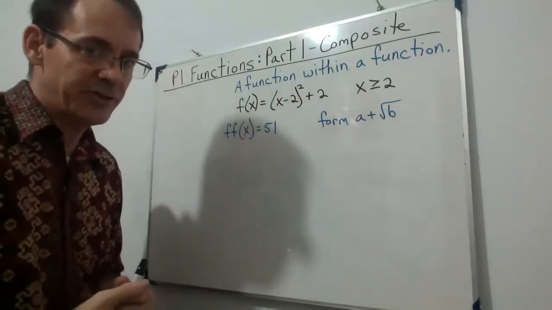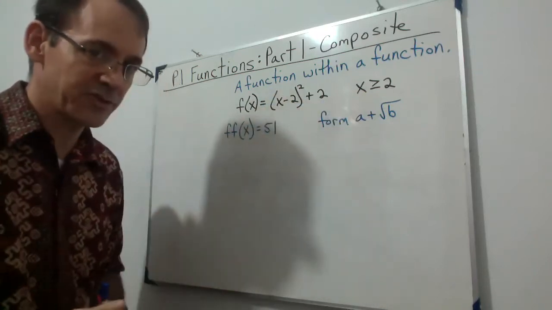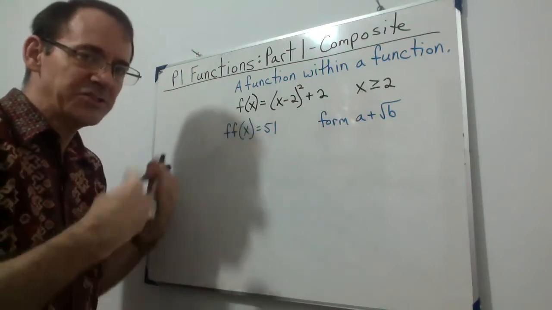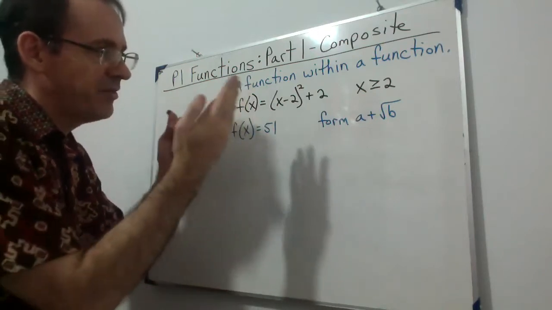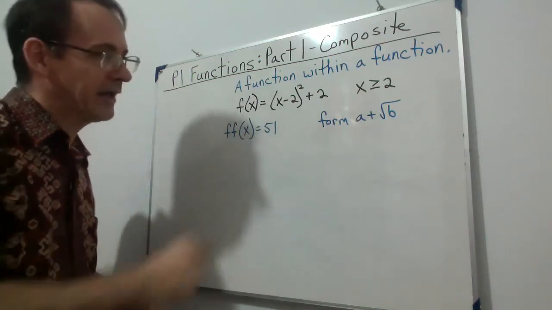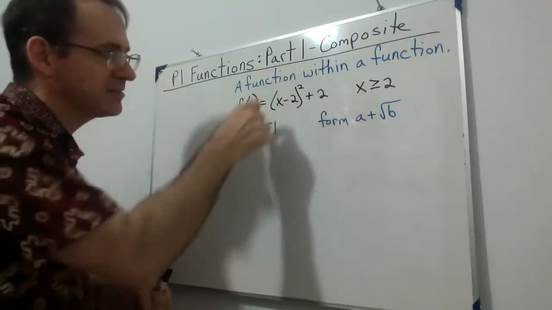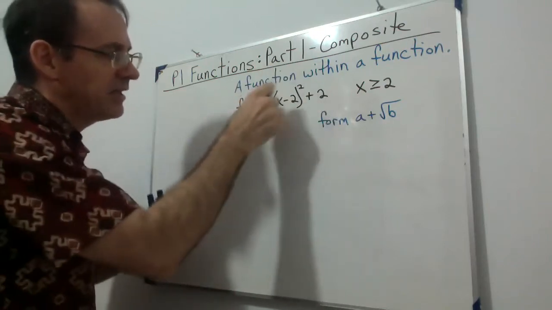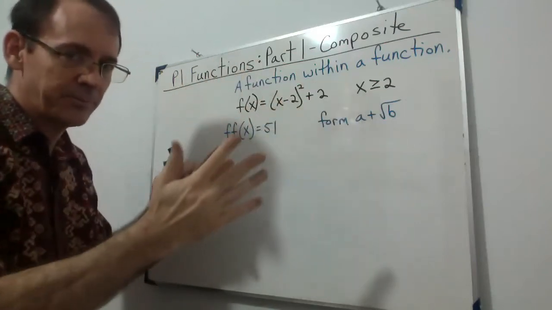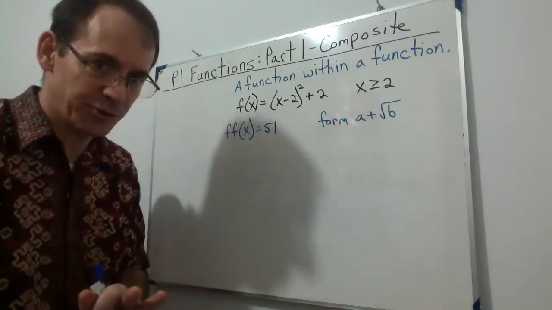Sometimes you might need to do that, but you should ask yourself, why do they put it in the complete the square form? We don't really see why at the moment, but let's just trust that it's that way on purpose, okay? So don't be too quick to expand everything that you see as a square. x minus 2 squared, yes, it equals x squared minus 4x plus 4 plus 2, and you can simplify it. But don't do it unless you have a reason to, okay?